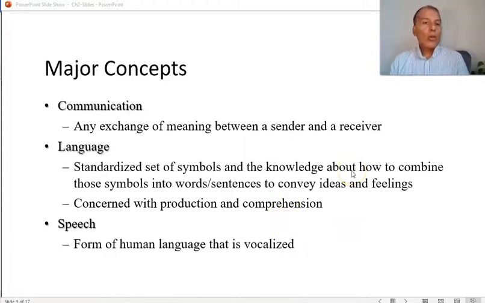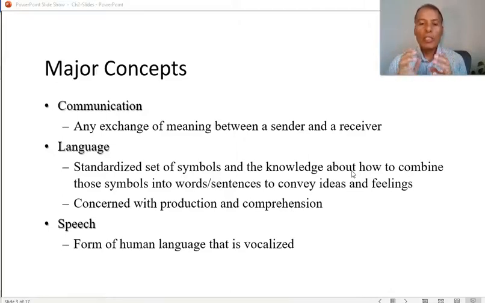So let's go over some of the major basic concepts of language. First, we have to distinguish between communication, language, and speech. The difference is very important, so please take some good notes. Communication is not limited to human beings.